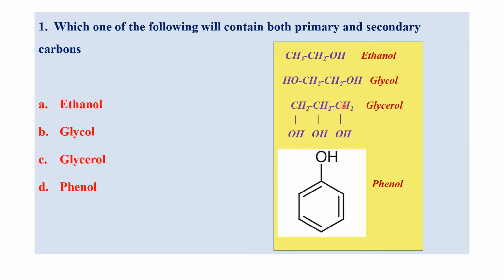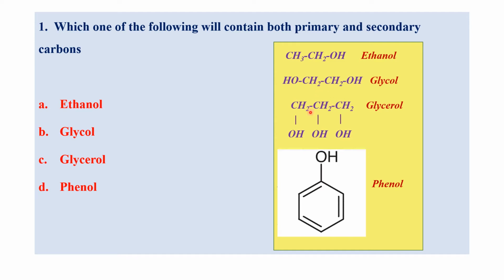Now if we consider this one CH2 at which the OH group is directly bonded, it is further attached with only one carbon. So this one is primary. Now if we consider this one which is directly attached with OH group, it is further directly attached with two carbon atoms, one on the left side, another one on the right side.